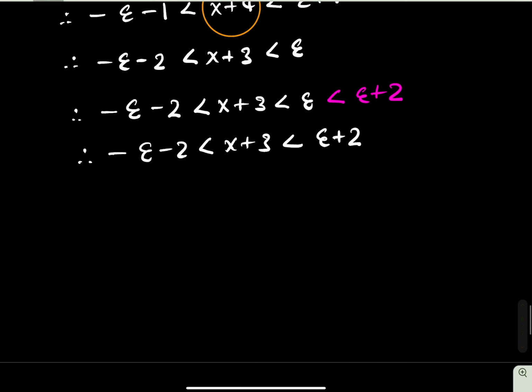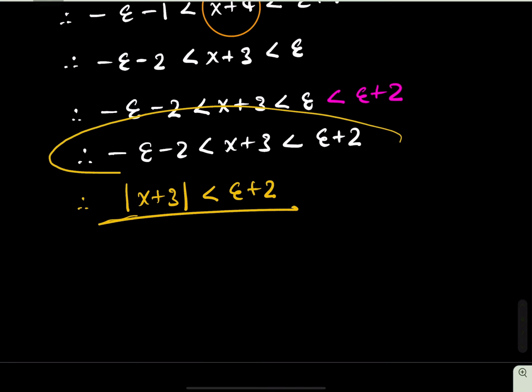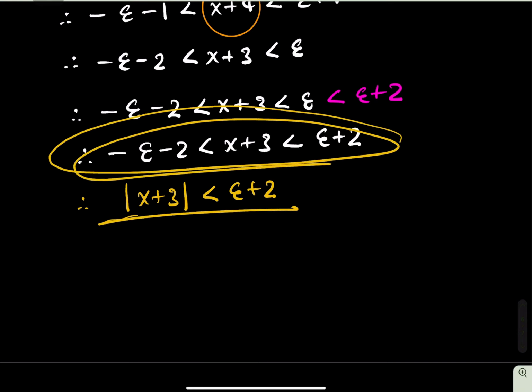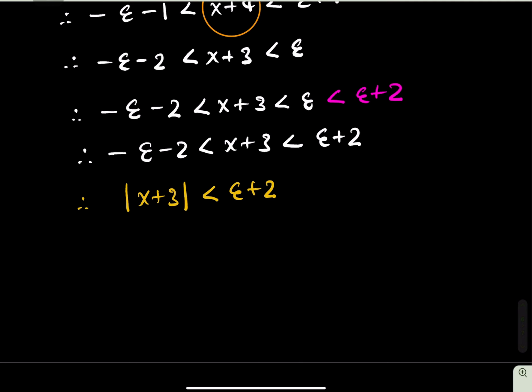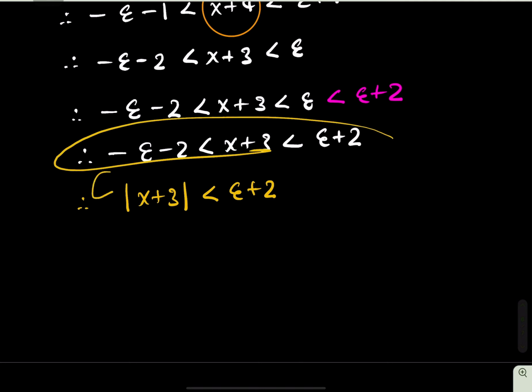So now this means that this particular stuff is the same as the absolute value of x plus 3 less than the positive of that stuff, and that is epsilon plus 2. Think about it. If you expand this, you are going to get back this particular line here. So you are converting this back to its modulus.